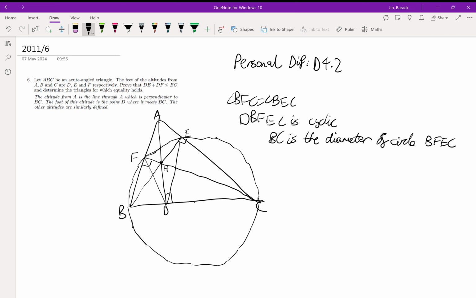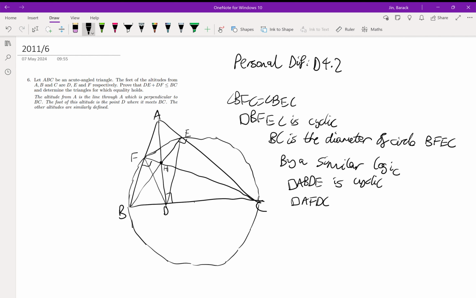Now, what else do we know? Okay, so if we're trying to find the other cyclic quadrilaterals, then by a similar logic, ABDE is cyclic, and also AFDC.